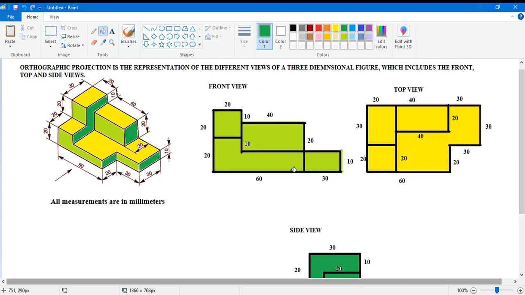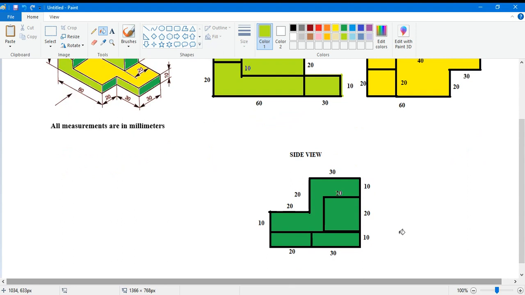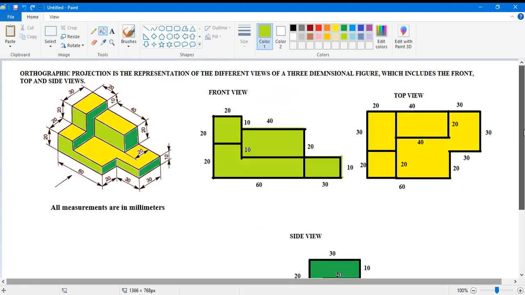Front view, this is how it's gonna be looking when I have the front view. So this is the front view. This is my top view, how the figure is gonna look when I look at it from the top. And this is my side view when I look at my figure on this side. Meaning this way.